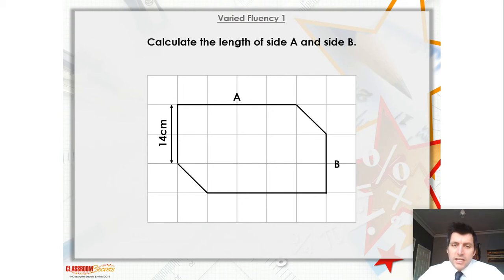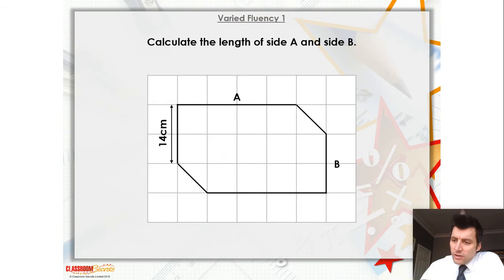Okay, six sides, and we can see that we're trying to identify the length of A and the length of B. Now, the only other piece of information we've got is that two squares on the left-hand side indicate 14 centimeters. Now, I'd like you to pause this while you identify how long A and B are. If you're not sure, we'll talk through some steps in a few seconds.